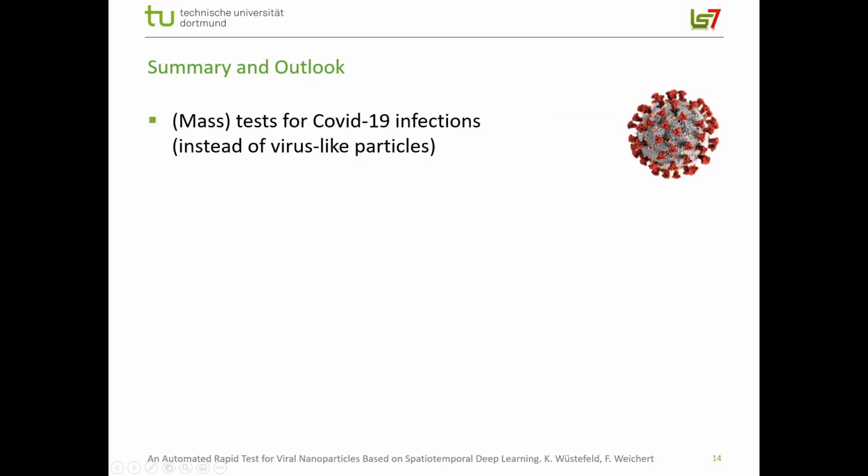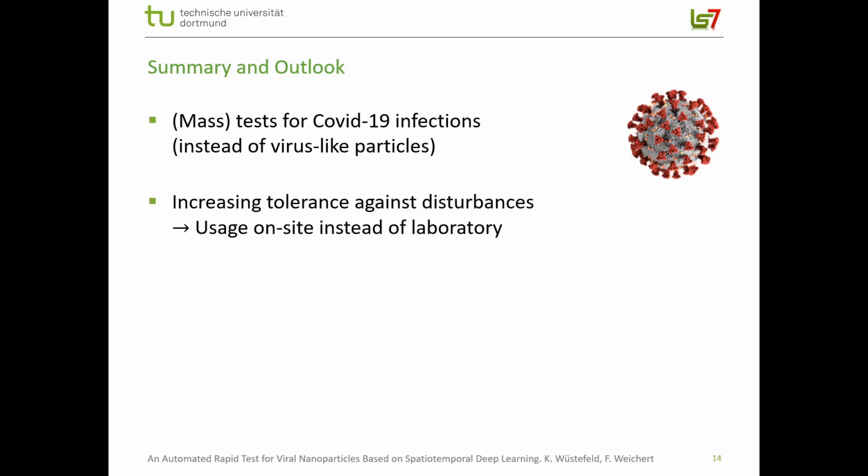Coming to the end of the presentation, I want to give you a short idea of our future research plans. One thing is of course the evaluation of SARS-CoV-2 particles, which appear in ranges between 60 and 140 nanometers and therefore should be detectable with a PAMONO sensor. As we saw in the results of the detection pipeline, we get problems with increasing disturbances.